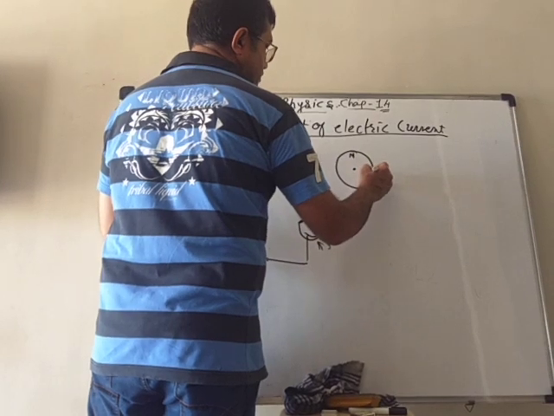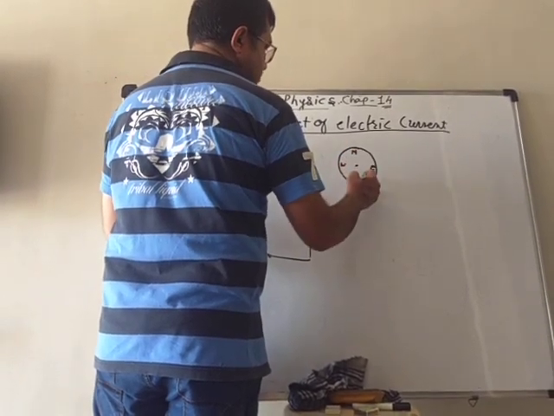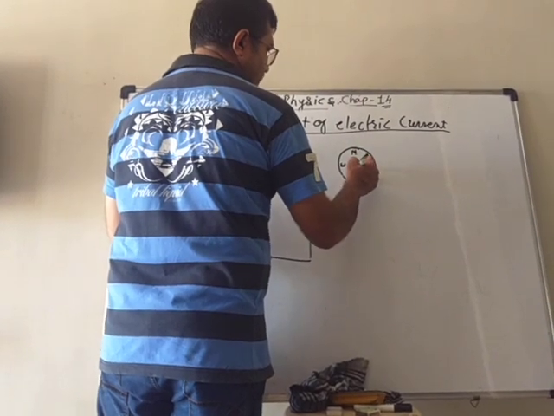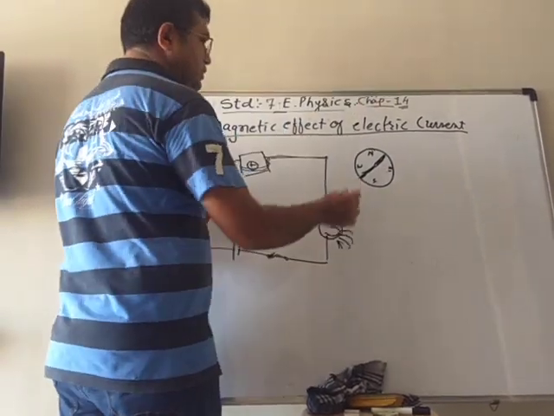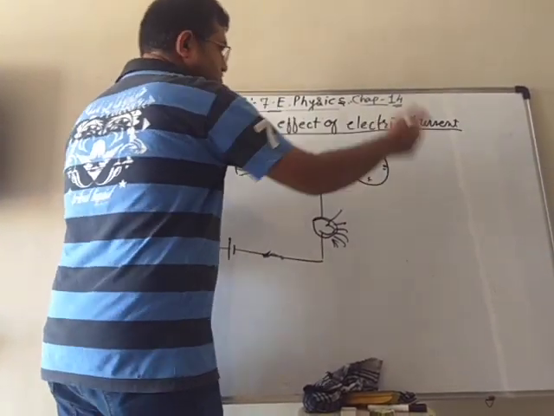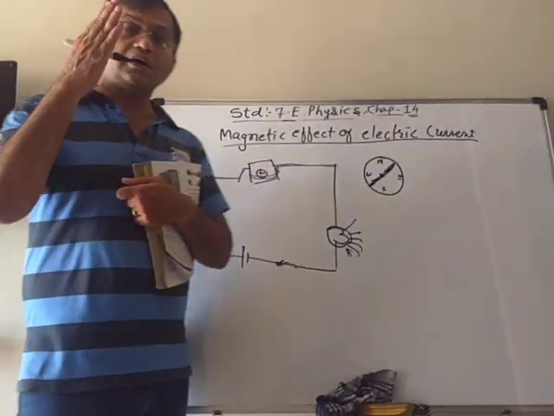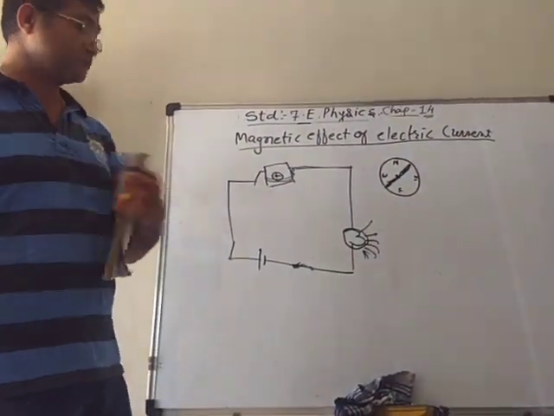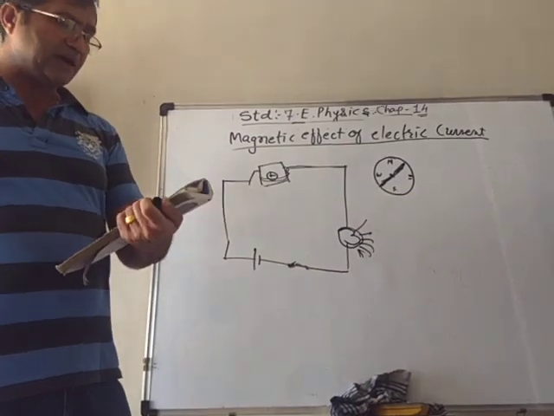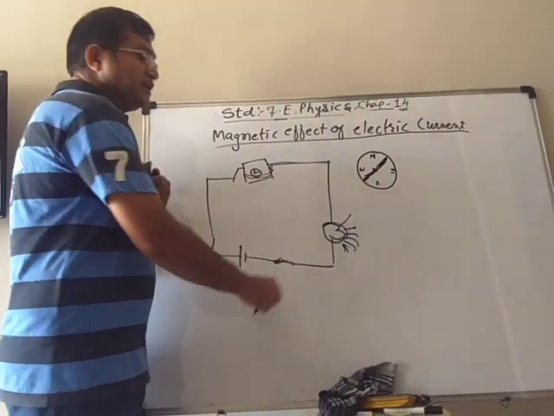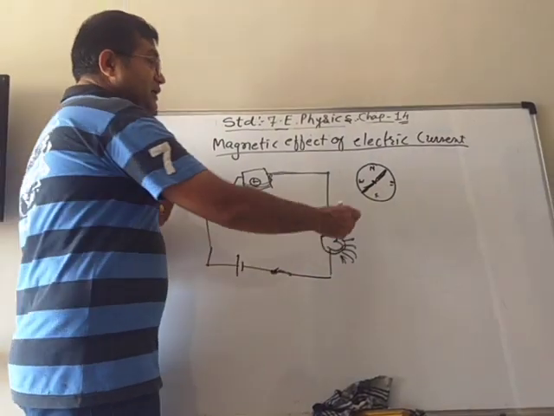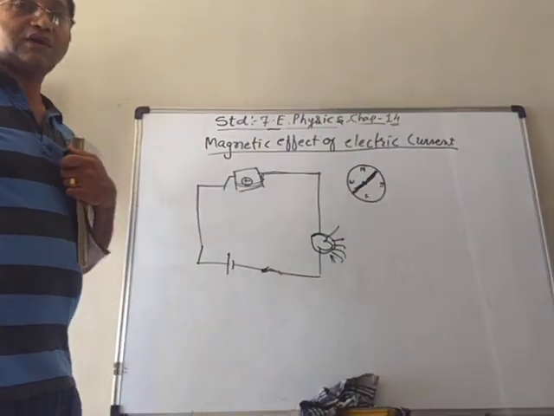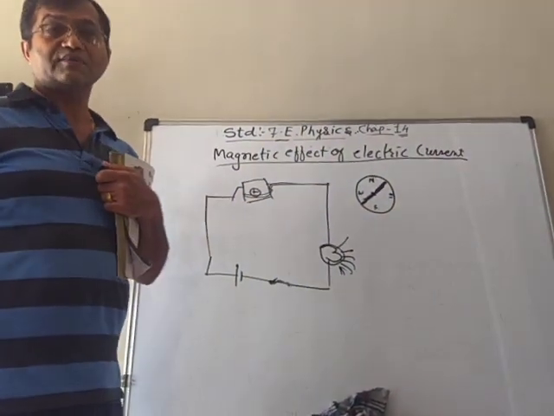In that there are the directions east, west, north and south. And there will be a needle, half black colored and half red colored. It can rotate inside. You can search on Google, and they will show you how a magnetic needle looks. Now whenever you pass the electric current through it, what will happen?